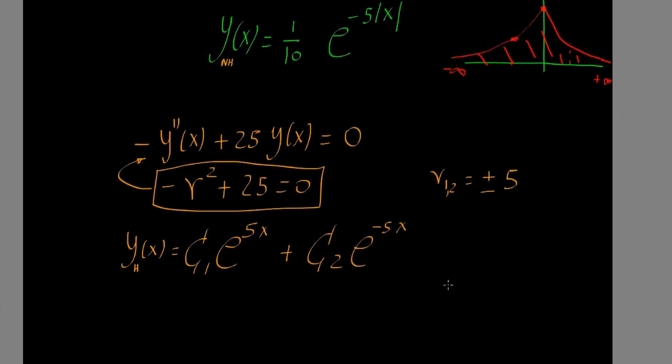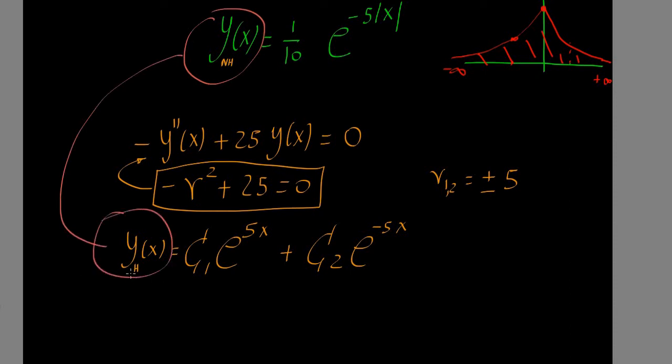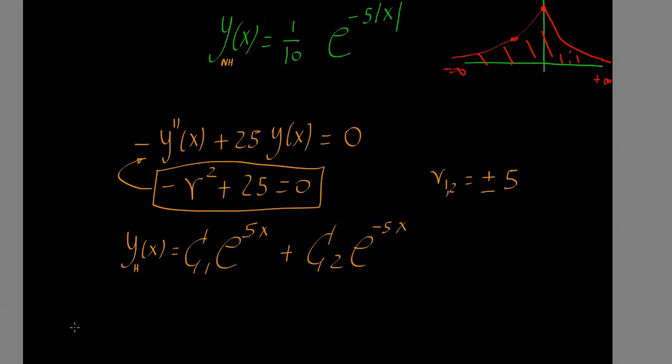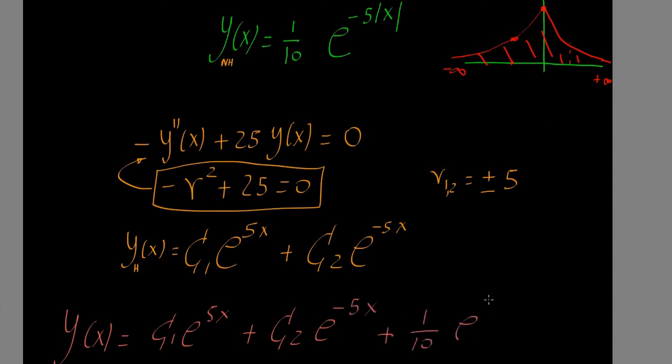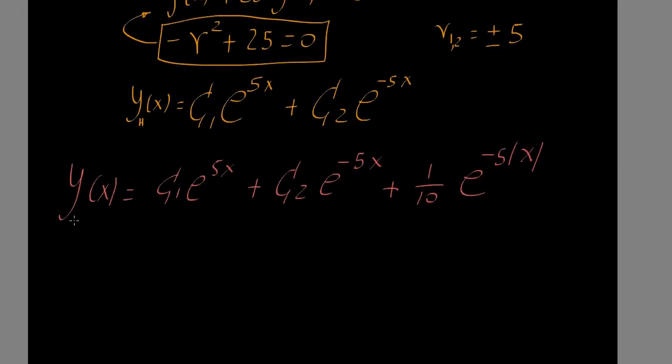So the final total solution is just joining the homogeneous plus the non-homogeneous. So the total solution is going to be y of x equal to c1 e to the power 5x plus c2 e to the power minus 5x plus 1 over 10 e to the power minus 5 absolute value of x. Okay? So this is the total solution.